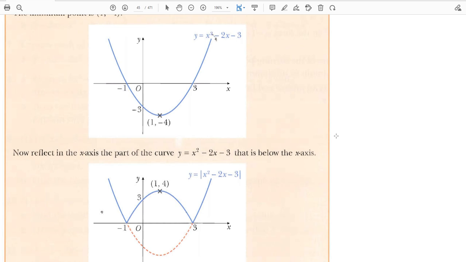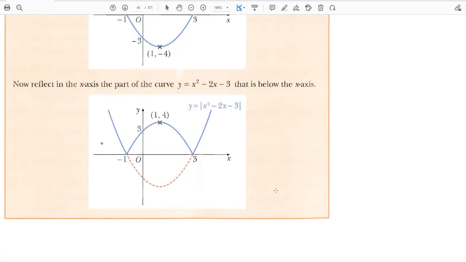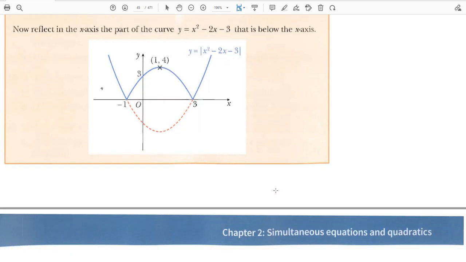The coordinate of the minimum point (1, minus 4) becomes the coordinate of the maximum point, that is (1, 4). The red dotted line, now you can erase this red dotted line. So the final answer is the curve, sorry, the blue line is your final answer.